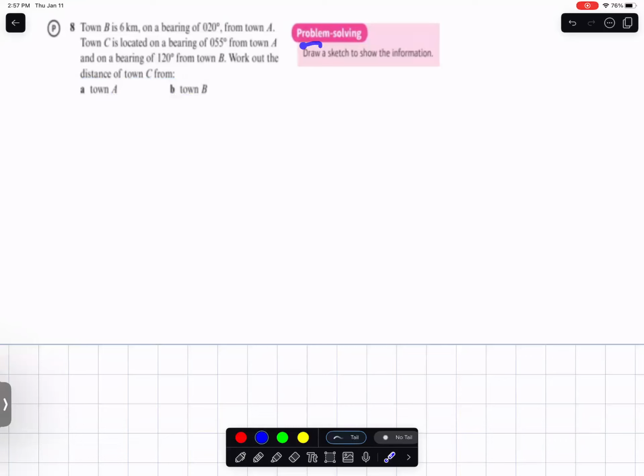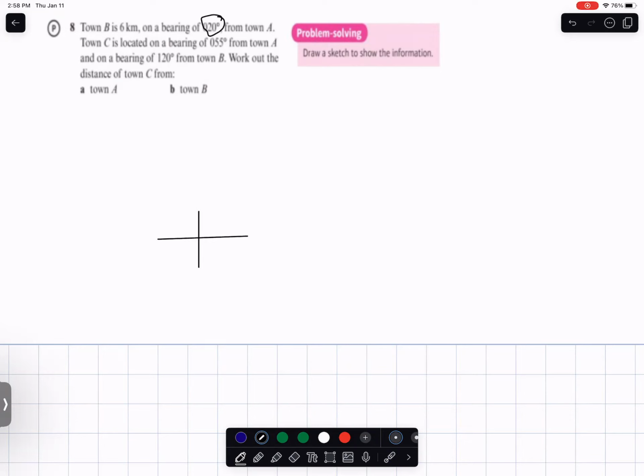So we are asked to draw a sketch to show the information. So the first thing I'll have to note, since we are all starting from point A, the question said B is on a bearing of 20 degrees.